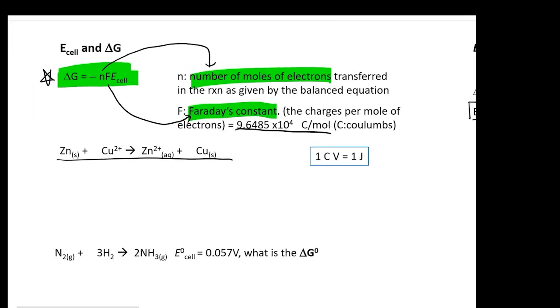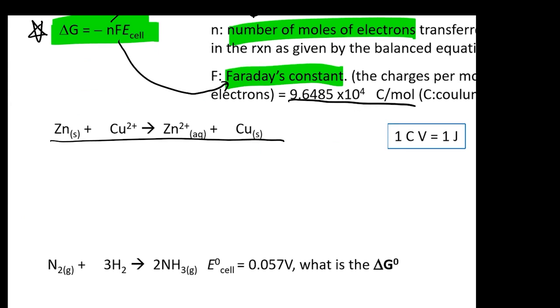How do you actually calculate delta G of a redox reaction? Previously, we learned zinc solid plus copper 2 plus form a galvanic cell. It gives you zinc 2 plus and copper solid, where we know the E naught cell, in this case, is 1.1 volt. If a question asks you, what is the delta G of this redox reaction?